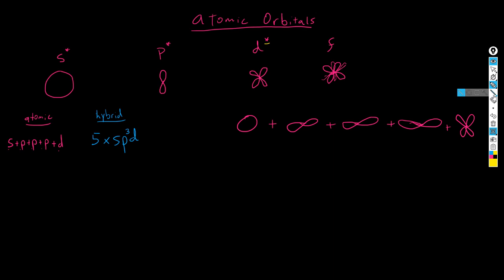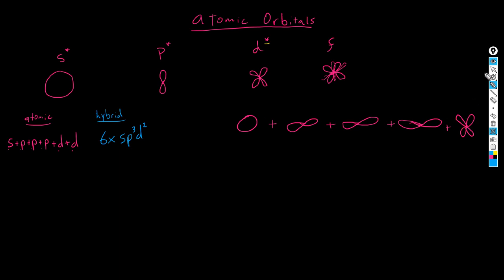So if we have now not one d orbital added to the s and the p orbitals, but two d orbitals added here, now we have 1, 2, 3, 4, 5, 6 different atomic orbitals being combined. Those 6 atomic orbitals will create 6 hybrid orbitals, which we're going to call sp3d2 orbitals. Again, s meaning one s orbital is being added, 3 p's, so p3, 2 d's, d2.